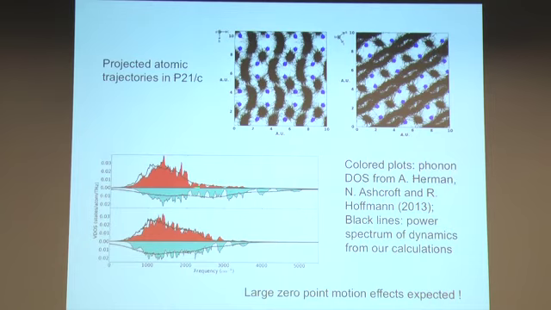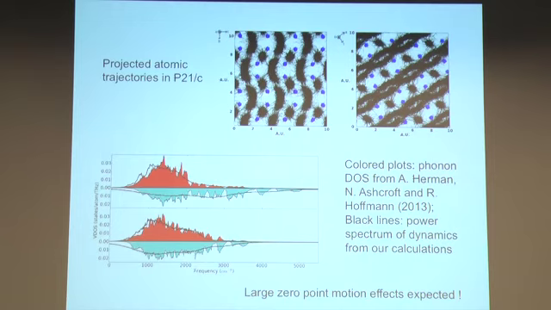And the red line refers to the oxygen density of states, this green one refers to the proton density of states. The black lines are the density of states that we get from the power spectrum of the velocity autocorrelation function in the system.